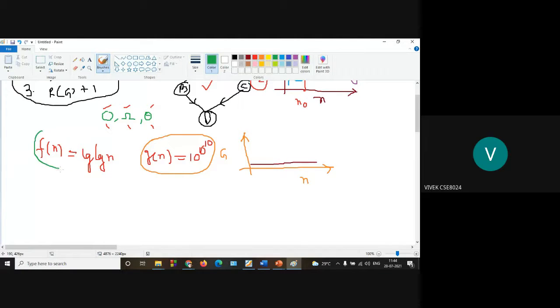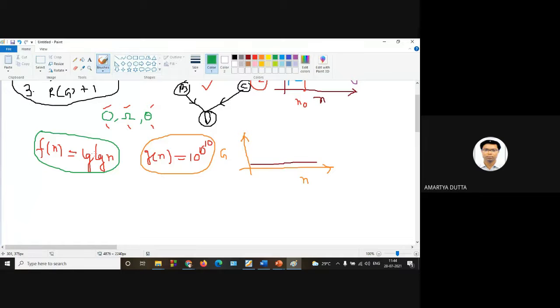This is log n. So log n is lower than n, n is lower than n square, which is lower than n cube, which is lower than n to the power p, which is lower than 2 to the power n. Your 2 to the power n is less than n factorial.